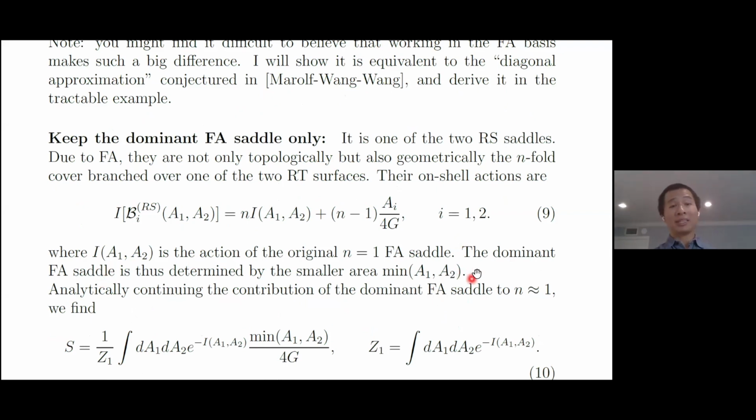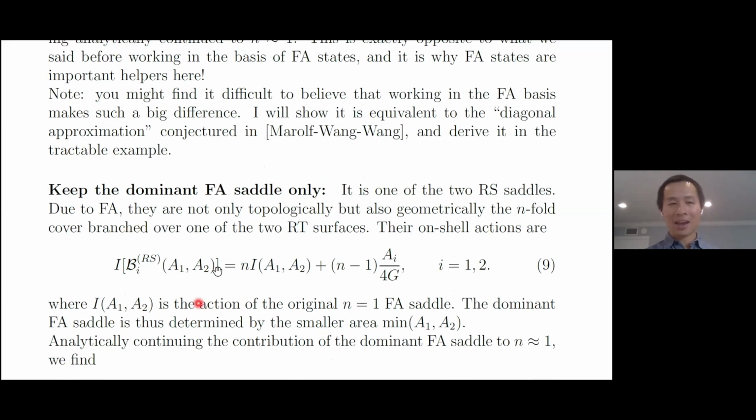So we can easily find the dominant contribution by figuring out whether A1 or A2 is smaller. Therefore, we can plug this in. This is the on-shell action for the dominant saddle, where if we take the minimum over A1, A2, we find the on-shell action of the dominant saddle. And then we can plug this into our previous formula for the trace of rho to the n.